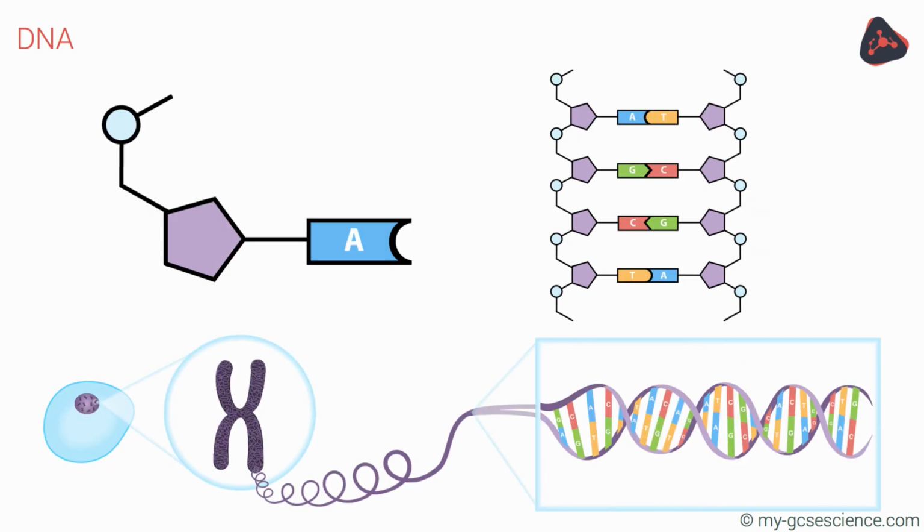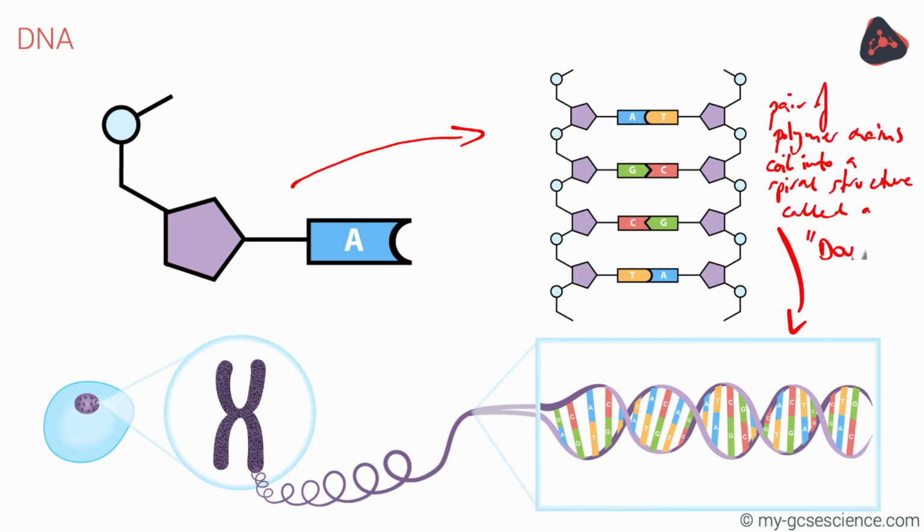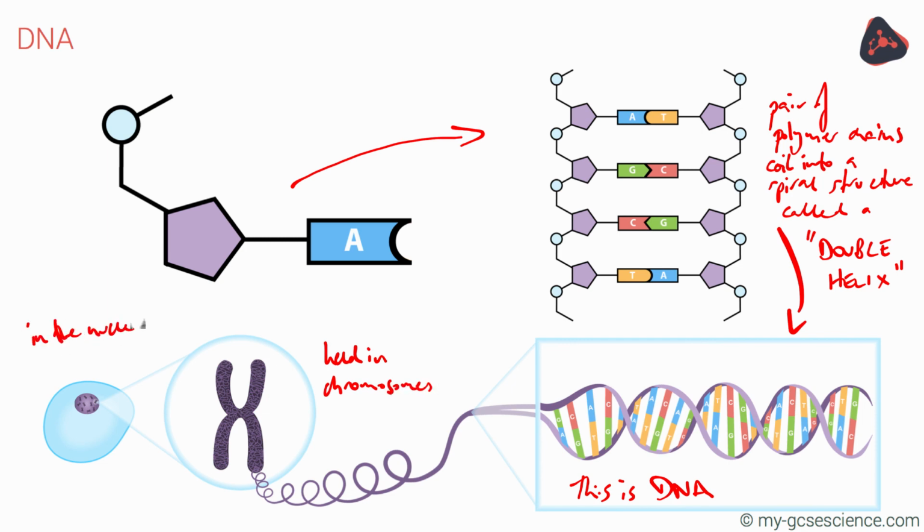And as the strands join together, they wrap around each other in a spiral shape called a double helix, which is characteristic of DNA. As you would have learnt in biology, this is then found in chromosomes in the nucleus of cells. If you're interested in DNA, you'll learn a lot more about it at A level. But for GCSE, this is all you need to know: that it's a biological polymer made up by condensation polymerization of two long polymer strands connected together in a double helix.